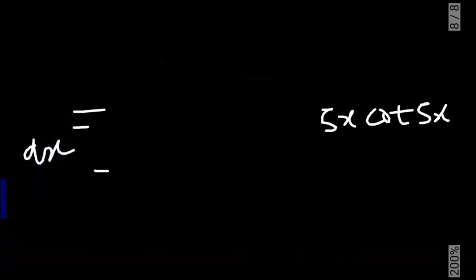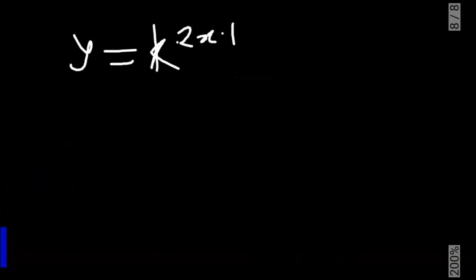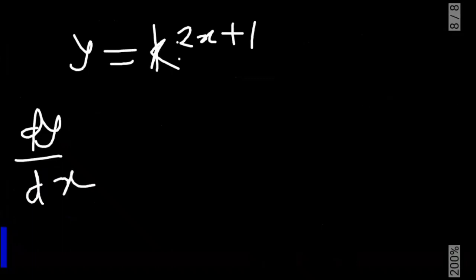Let's take this other function. This is like a constant. Let's say y is equal to k to the power of 2x plus 1. Notice that this is not the exponential. This is like a constant, an ordinary constant. How do we get the derivative of this? Also similar to that of the exponential, we get the derivative of this first.